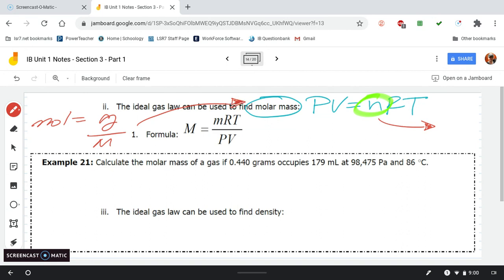That's what you get from the periodic table, right? If you don't know what that is, carbon's got a molar mass of 12.01. So grams divided by molar mass.